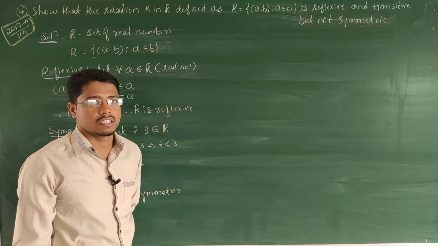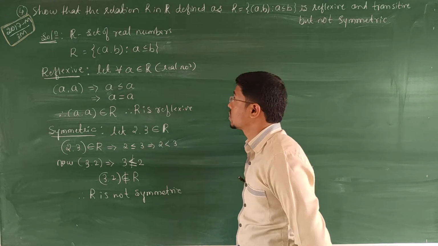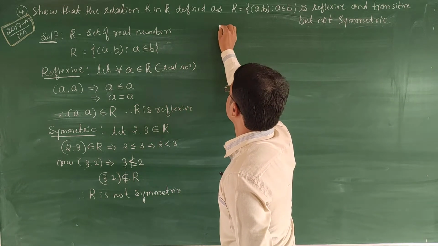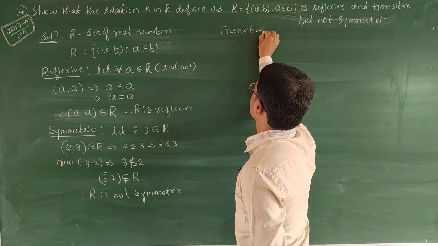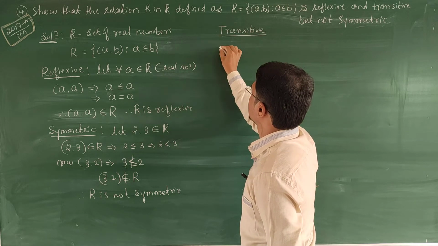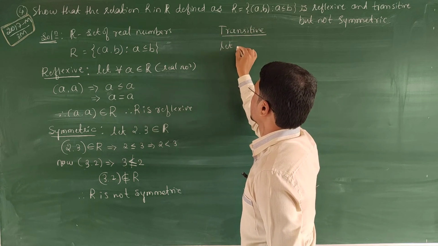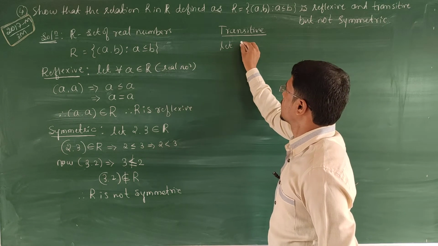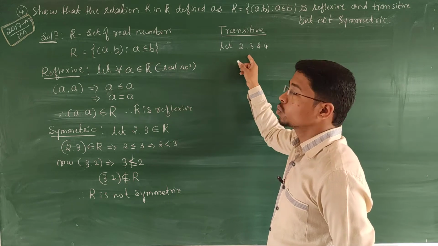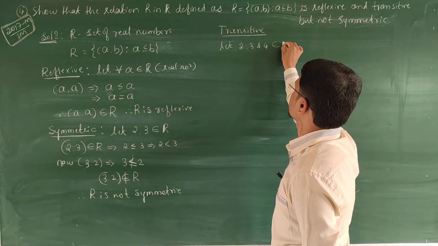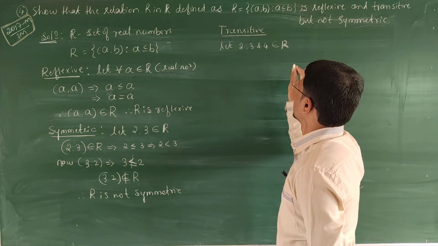Next is transitive. So check the transitive relation. Let us consider three numbers 2, 3 and 4. I will consider 2, 3, 4 belongs to the set of real numbers.